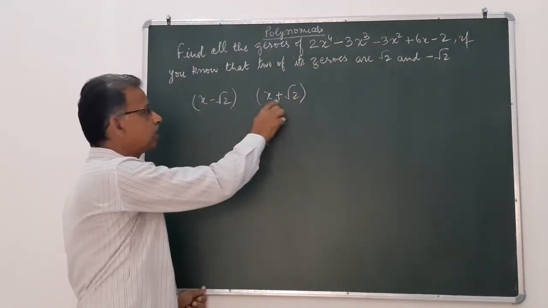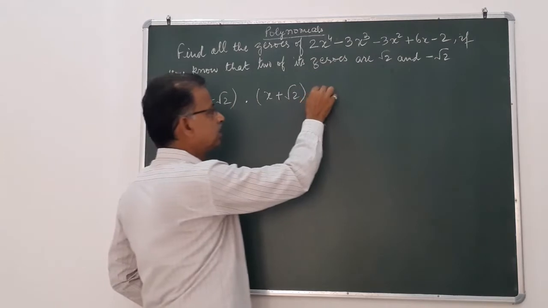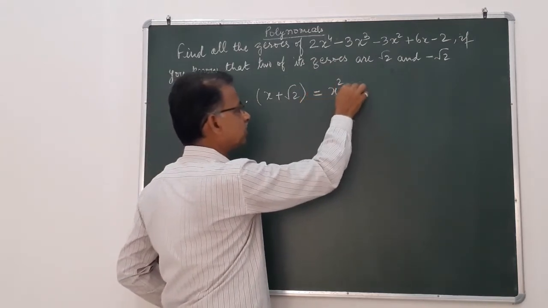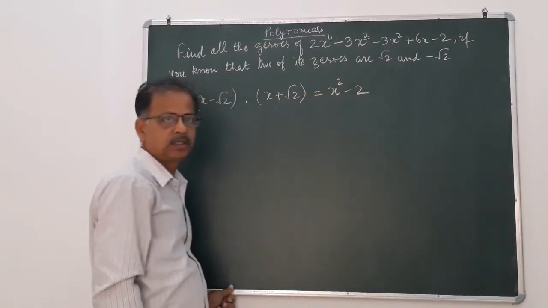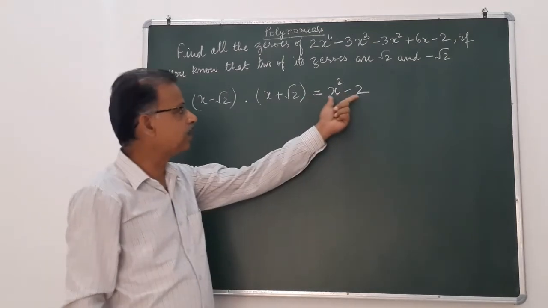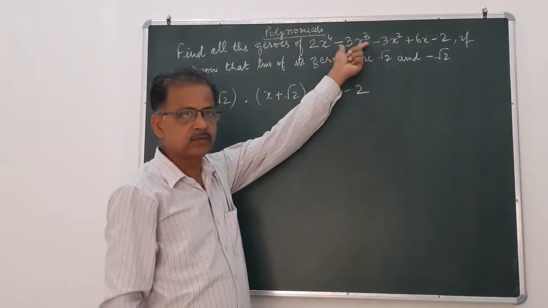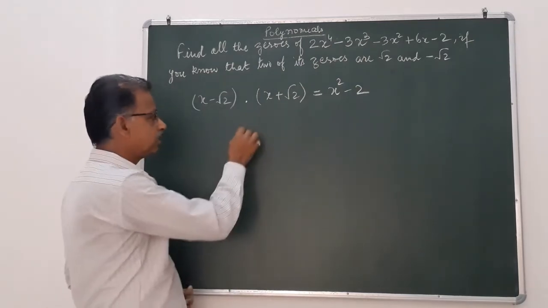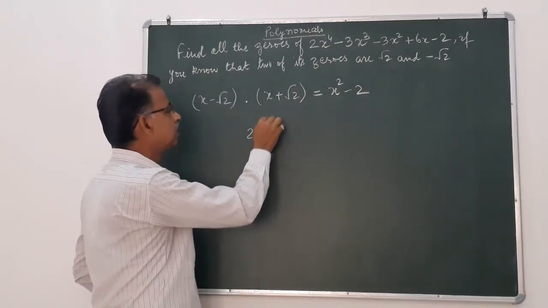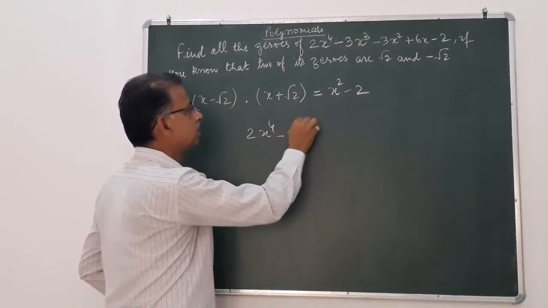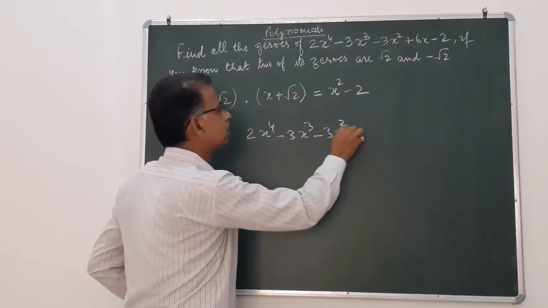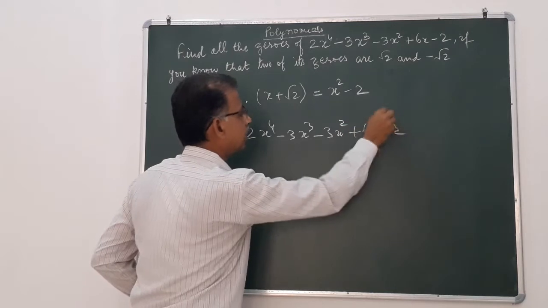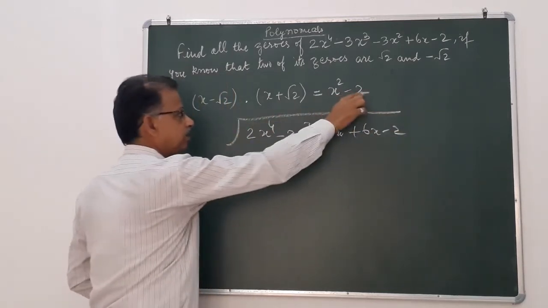Now we find the product of these two factors, which is x square minus 2. It means x square minus 2 is a factor of the given polynomial. Now we divide the given polynomial by x square minus 2.